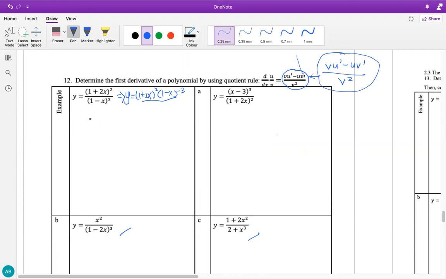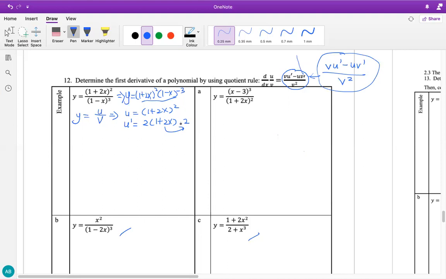So what we do, we will assume u over v. Therefore, u is (1 plus 2x) squared. So you differentiate, you get 2 times (1 plus 2x) times 2. Remember, there are 2 steps. One is differentiate the bracket.